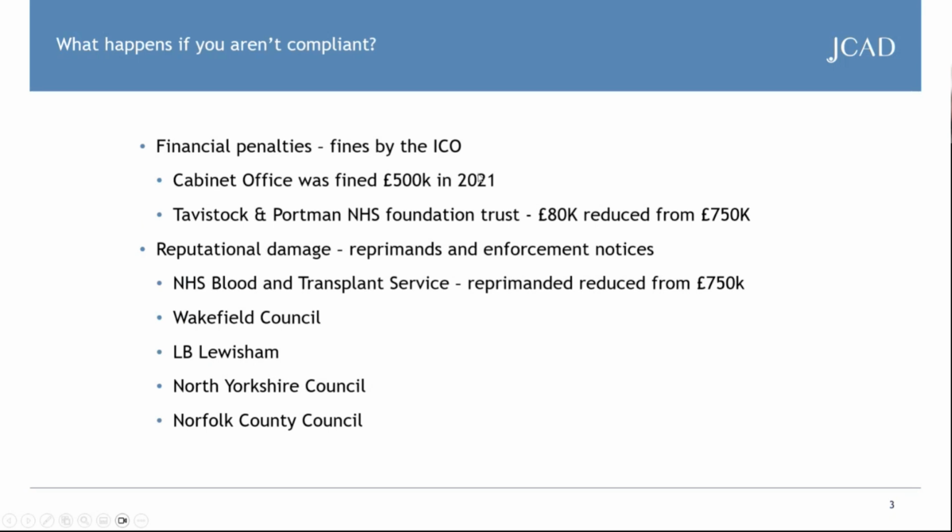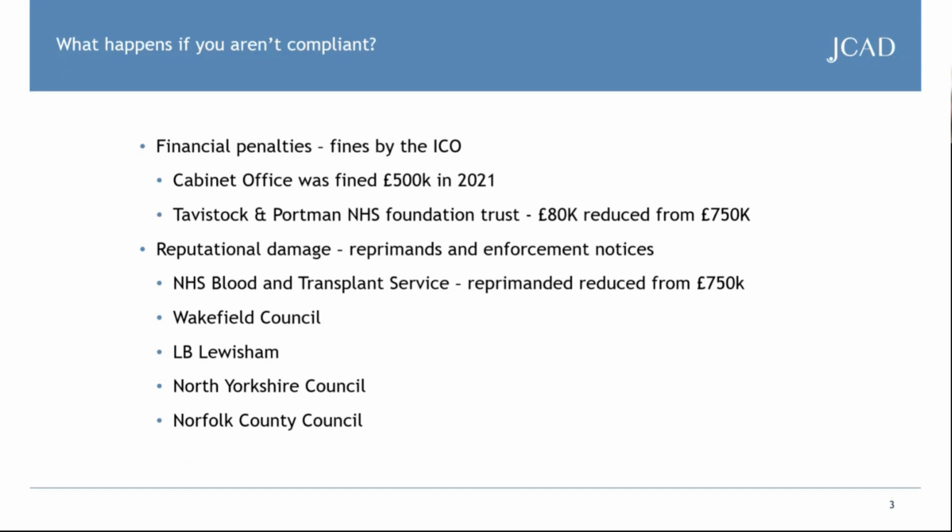So there are penalties, like I said, and reprimands. One of the biggest was back in 2021, when the Cabinet Office got fined about £500,000. Tavistock and Portman NHS Trust had theirs reduced on appeal from 750,000 to 80,000.